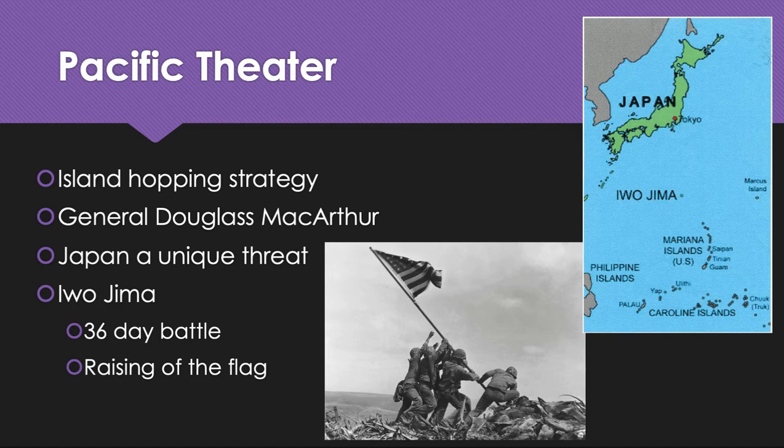When we look at the goal of Iwo Jima here, both sides were looking to take hold of this island in the Pacific. It was previously under Japanese control, and it will flip to U.S. control. But it's a long and drawn out battle here.